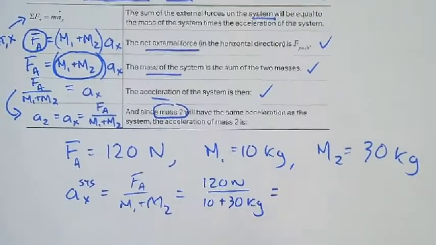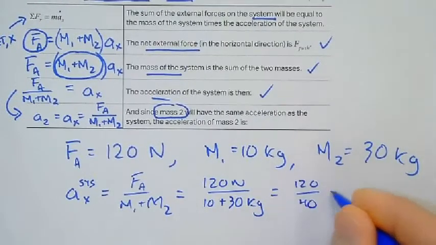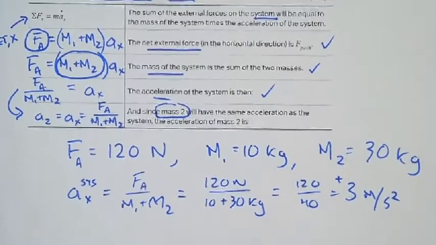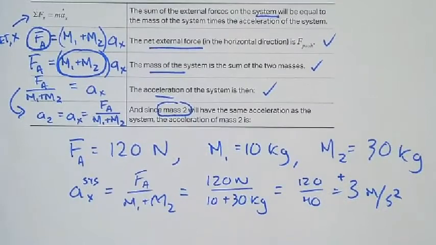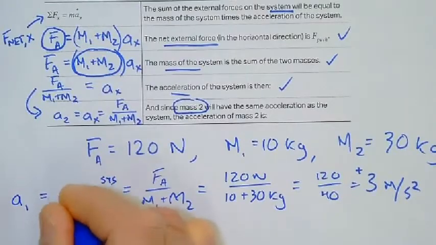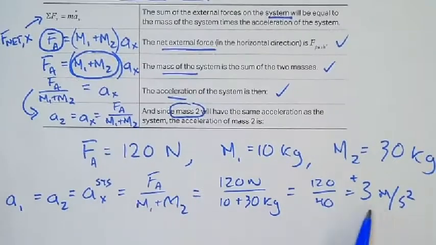And that's going to give me, of course, 120 divided by 40, which is 3 meters per second squared in the positive x direction. So the whole system accelerates at that rate. Okay? So everybody, that also means that the acceleration of 1 and the acceleration of 2 have to be the same thing. So you've really got like 3 different accelerations here for your effort. Everything is equal to that.